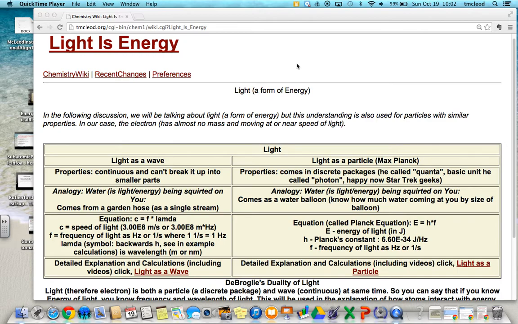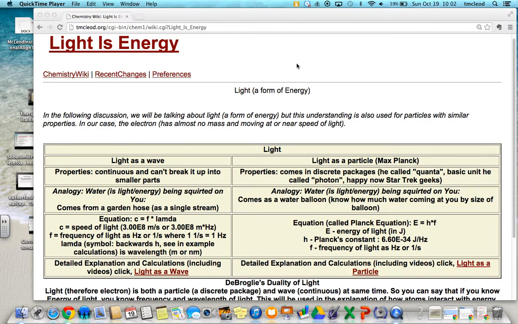As of right now, the atomic model, we have gotten to the point of Bohr, who says that the electrons are not anywhere outside the nucleus, but in discrete locations called energy levels.